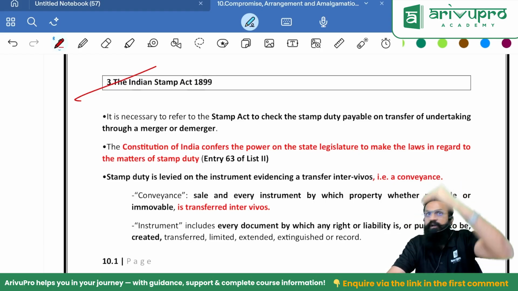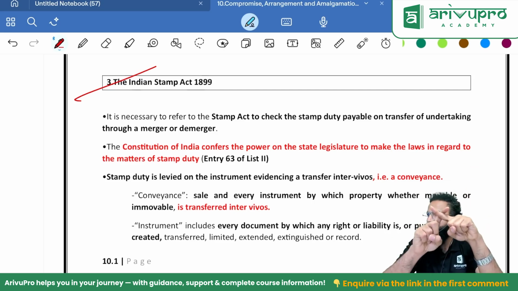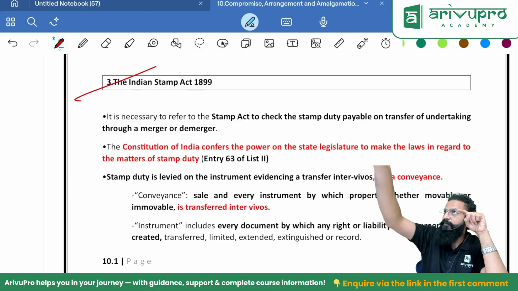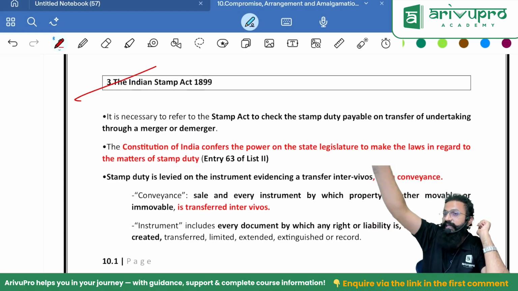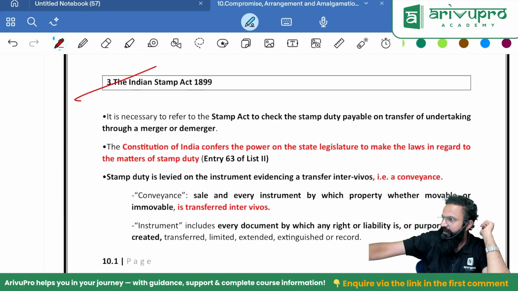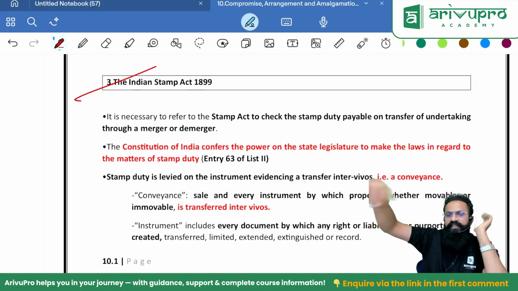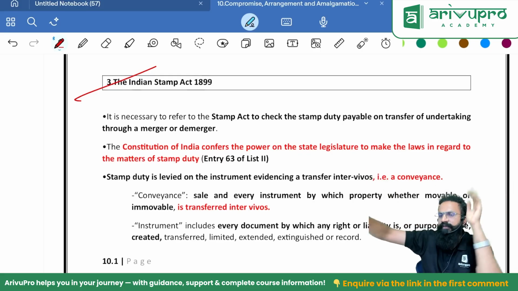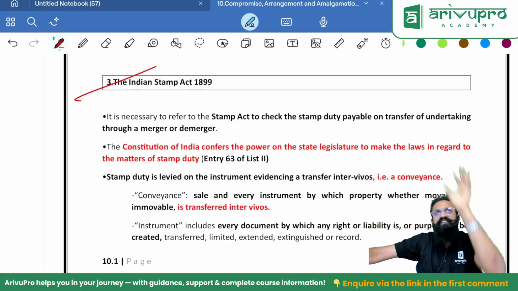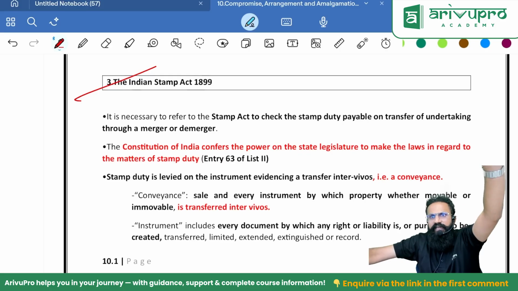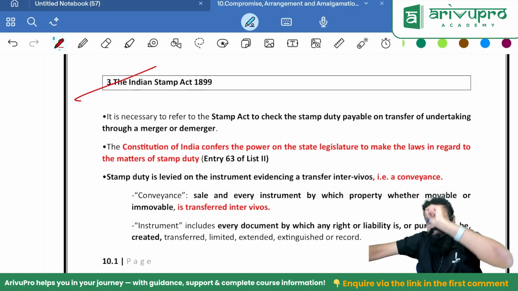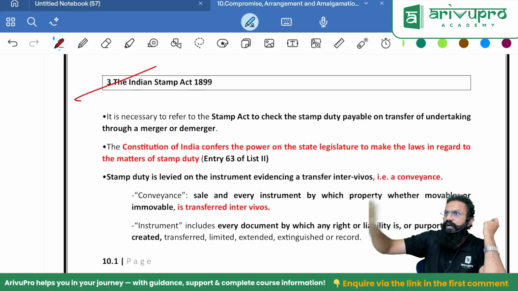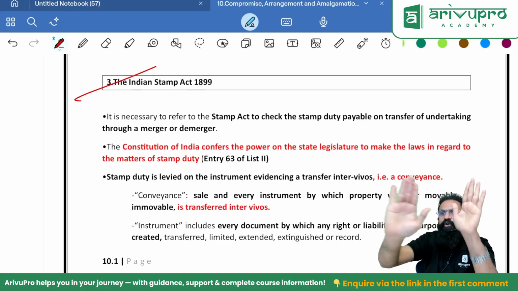It will not be there because they have copy pasted what was passed in the center. That is one type of states that have taken the Indian Stamp Act and implemented it in their states without making any changes. The second type of states have copy pasted the same central act into their state acts with a small amendment that the word conveyance deed will also include the court's order.